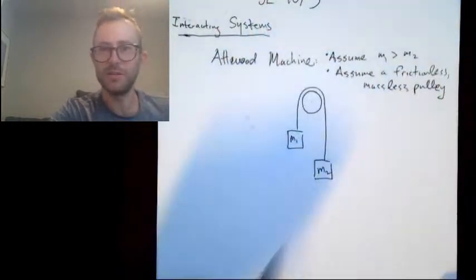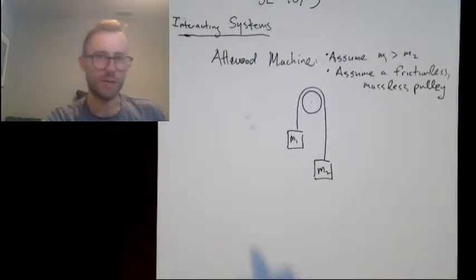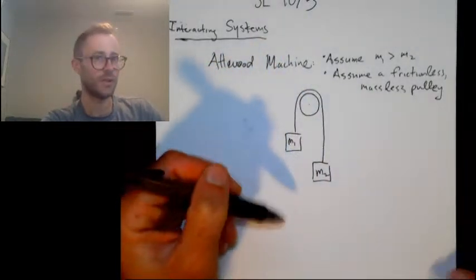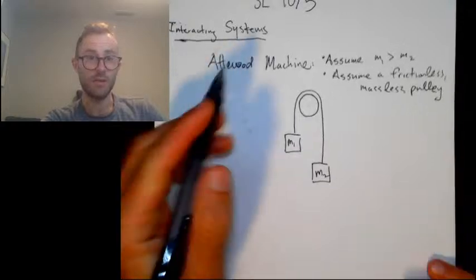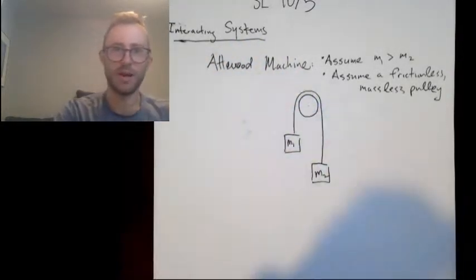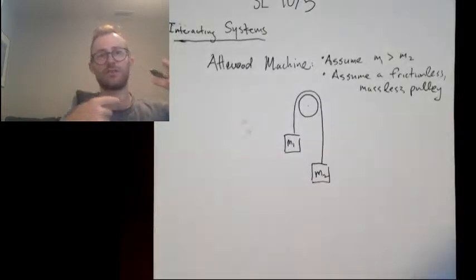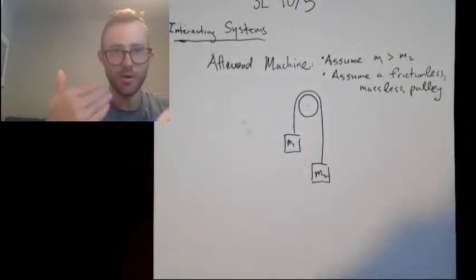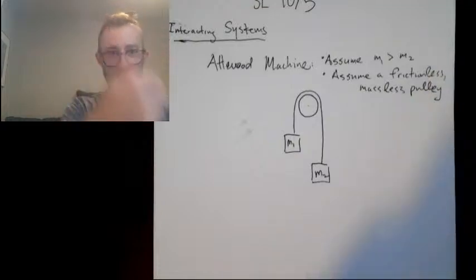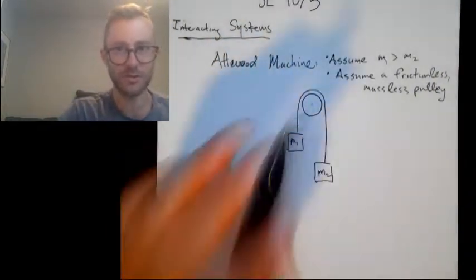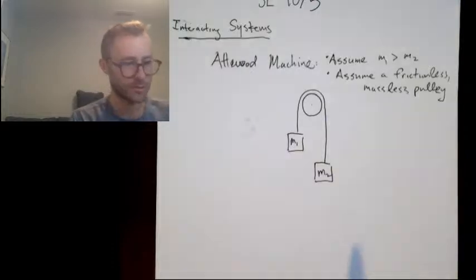A frictionless, massless pulley means that the pulley itself has no influence on the motion of the masses. If the pulley had a mass, then we would have to worry about its inertia. It takes energy to get a pulley that is heavy to start turning. So we're going to neglect that. We're just going to assume it's a frictionless, massless pulley.